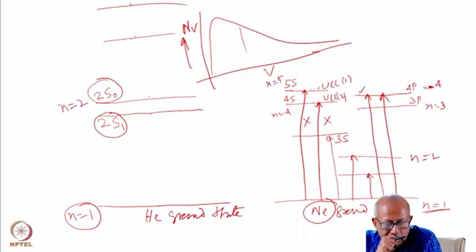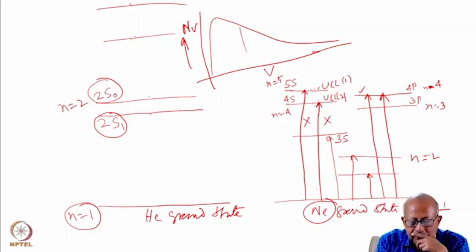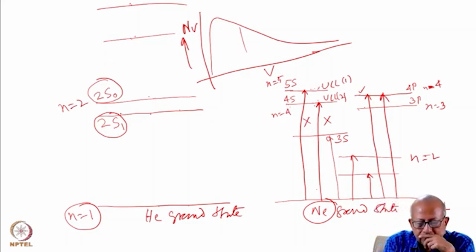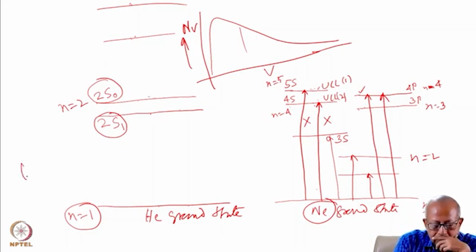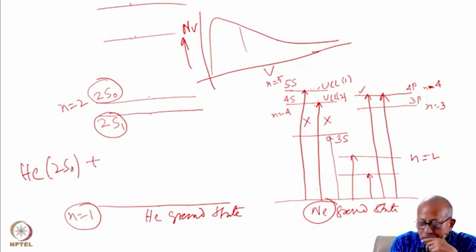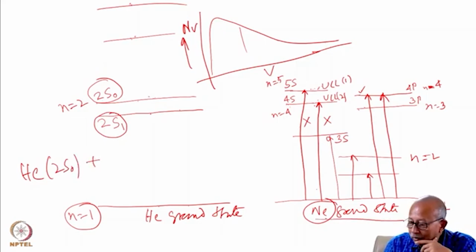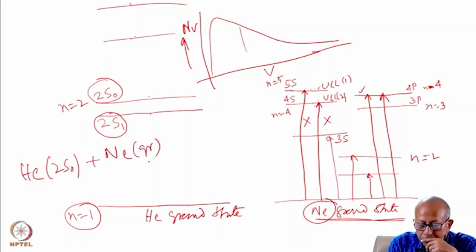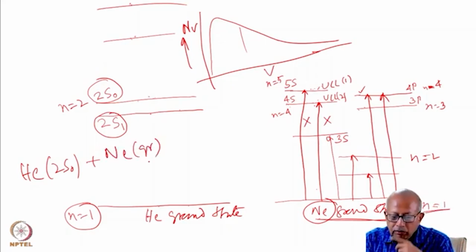However, let us consider helium that has been excited to this level. If it now collides with a neon ground state atom, then because this energy level and this energy level have a close match, they are almost the same energetically.